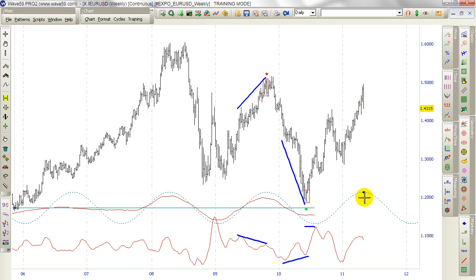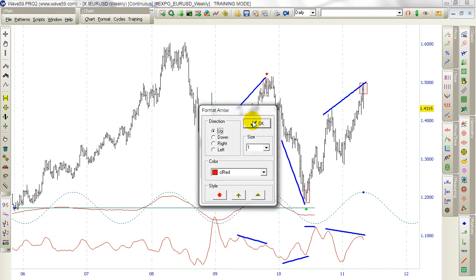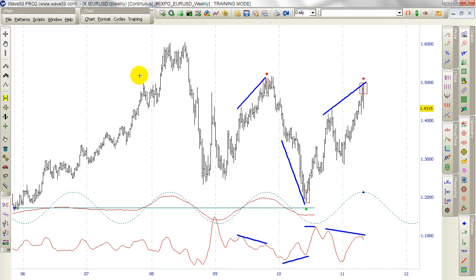We are exactly at the cycle's top projection, and again we have a nice divergence setting up on the cycle swing indicator. Just to give you the additional information, the cycle swing is the fastest momentum indicator which is available right now. So this is the projected top window here for the euro US dollar currency pair to top on this chart.